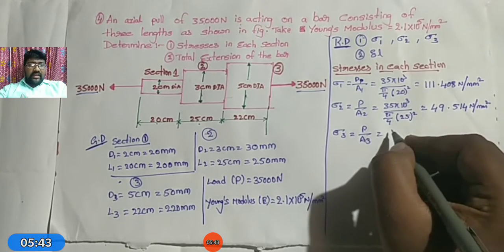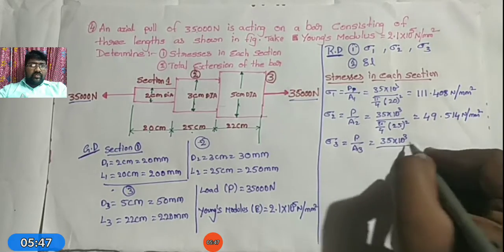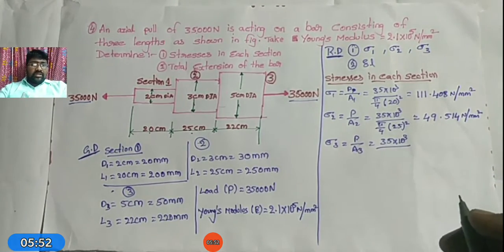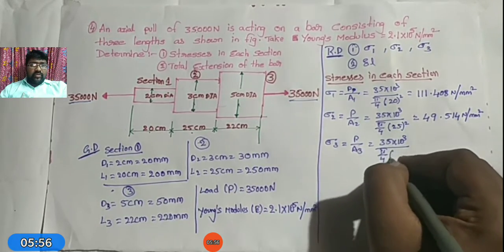Next, similarly calculate the stress in section 3, that is sigma 3 equals 35 into 10 cube by pi by 4 d square.